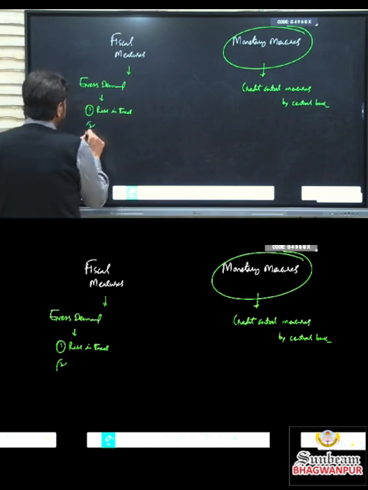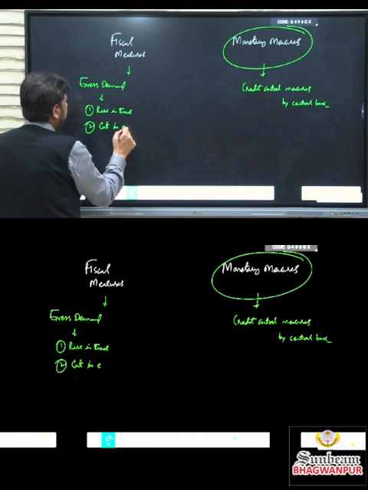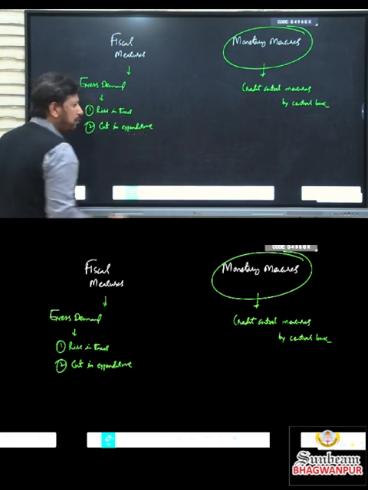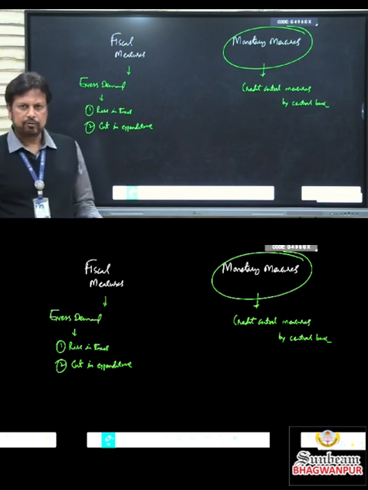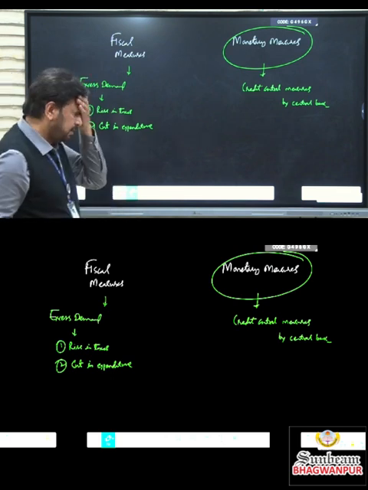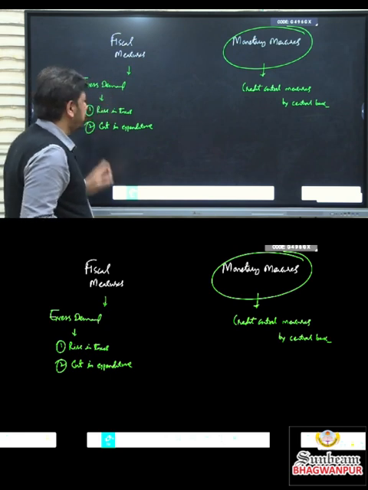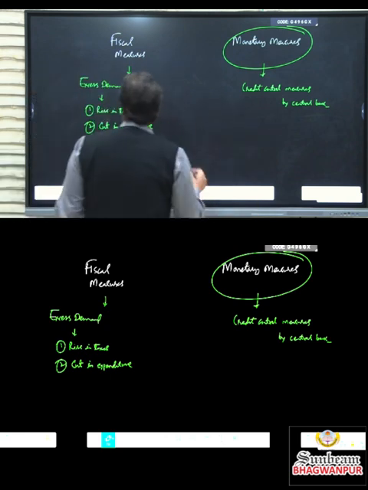And the second one is a cut in expenditure. The government will reduce its expenditure so that money supply in the market decreases, and if money supply decreases, aggregate demand will also fall. So basically these two are the important fiscal measures to control excess demand.